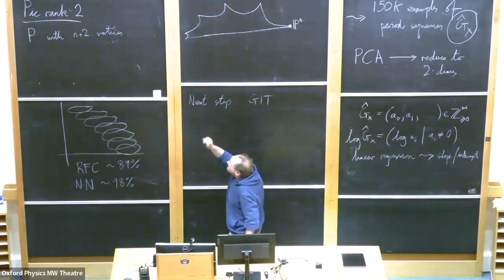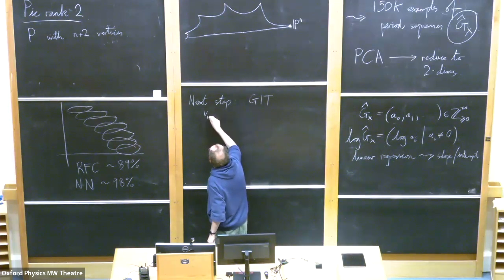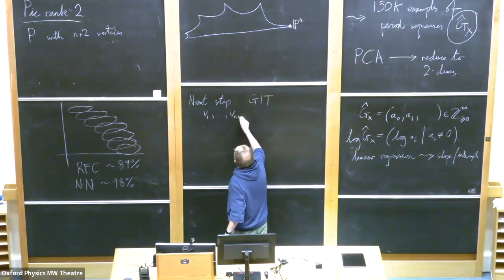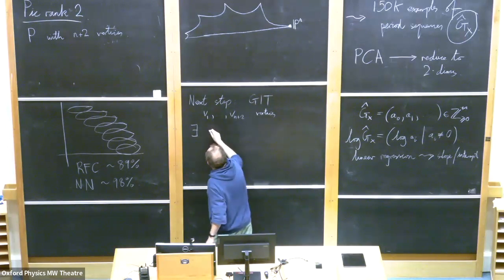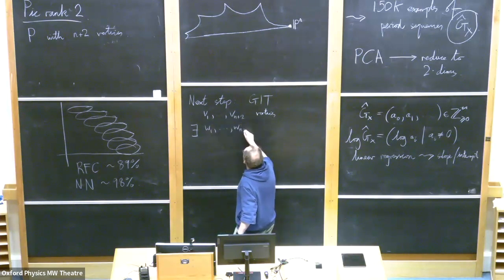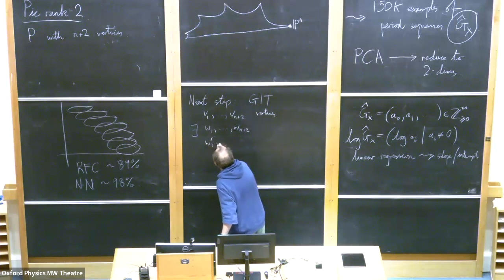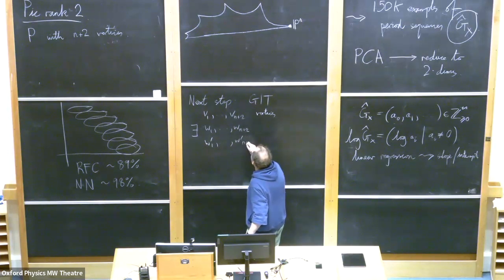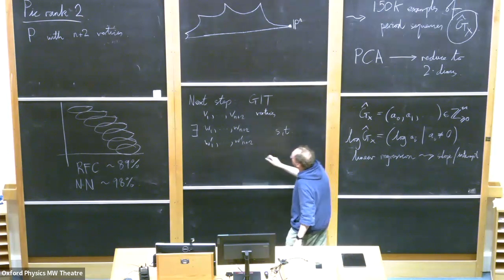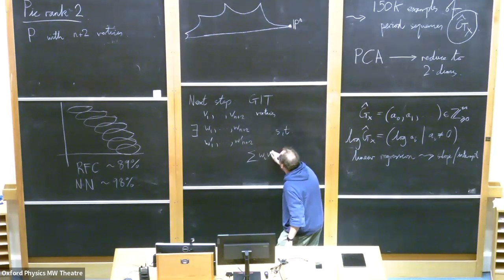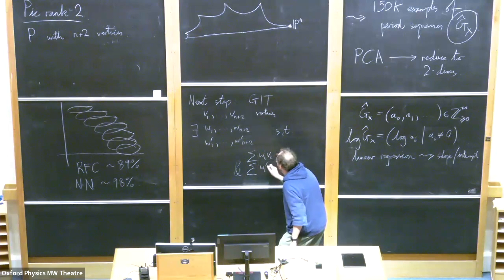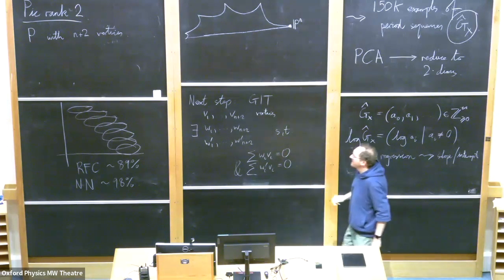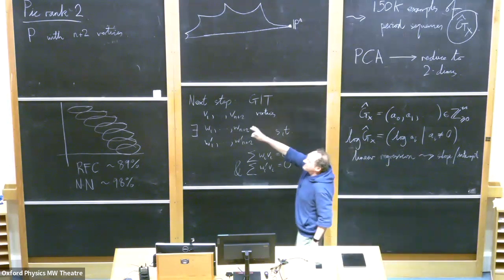In the Picard rank 2 case, V1 to Vn+2 are the vertices, and there exist weights, which I call W1 to Wn+2, and W prime 1 to W prime n+2, such that the sum of the Wi Vi is 0, and the sum of the Wi prime Vi is 0. So this is a GIT reformulation of this toric variety.